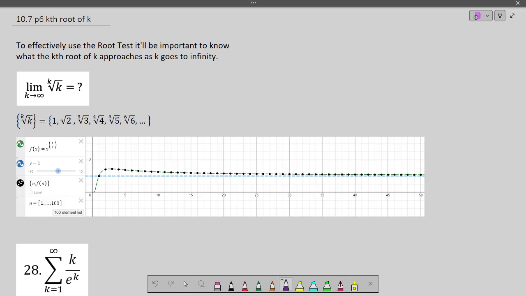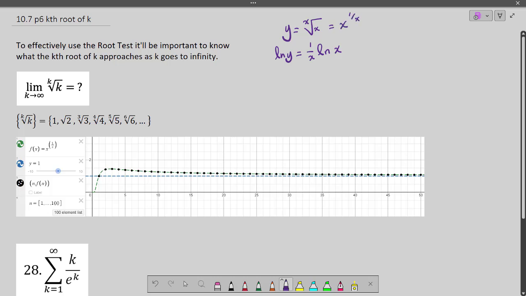So if we look at this function in terms of x's, we're going to say y equals the x root of x. And then we are going to take the log of both sides. And when you take the log of the right-hand side, the exponent, which is 1 over x, right? This is x to the 1 over x. When you take the log of both sides, that 1 over x exponent can move down in front as a coefficient.